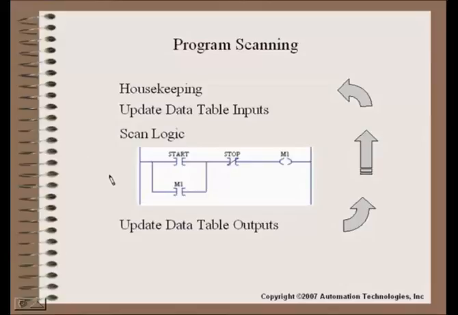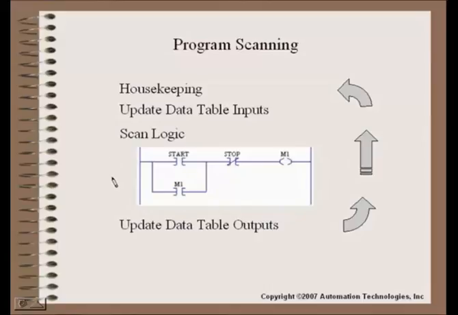So what a PLC program does is it cycles repetitively through the same program, and therefore is constantly updating and constantly trying to maintain the status of the different devices that it needs to control, and constantly monitoring the status of the devices that it needs to monitor.